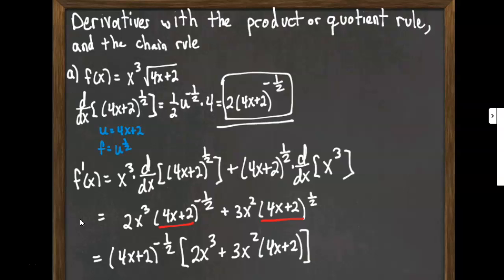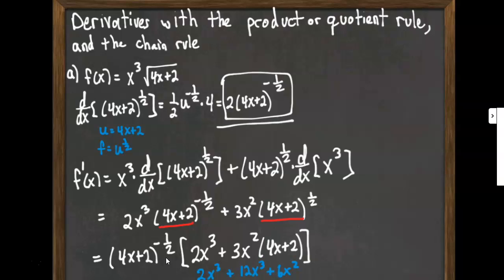And then we just need to go in and simplify this a little bit more. We just need to multiply out and combine any like terms. And then that's all going to be over 4x plus 2 to the minus 1/2, because the negative exponent is going to make it go to the bottom. So I did a little bit of cleaning up there. 3x squared times 4x plus 2 will be 12x cubed plus 6x squared. And then, of course, we're still adding on the little 2x cubed.